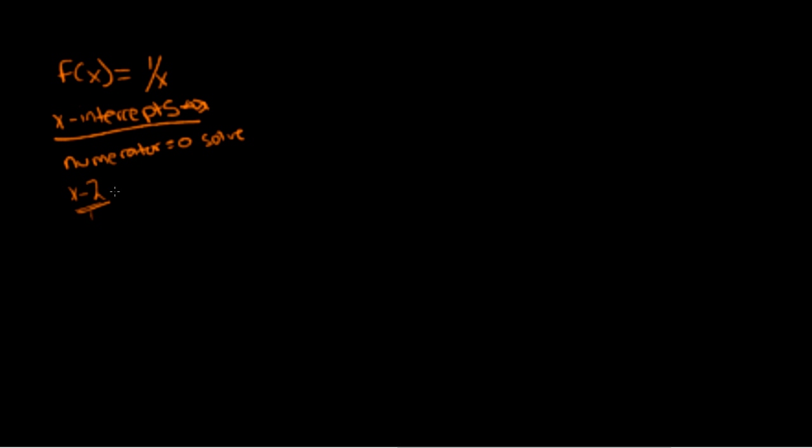For the x-intercept, we just make the numerator equal to 0. So x minus 2 is equal to 0, x is equal to 2. But the numerator is a constant, and 1 cannot equal 0, which means there are no x-intercepts.